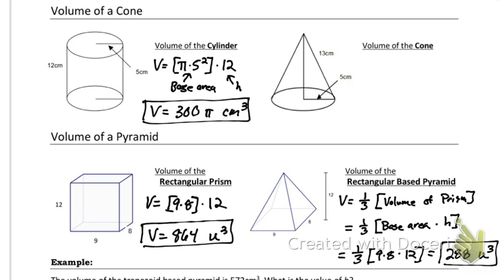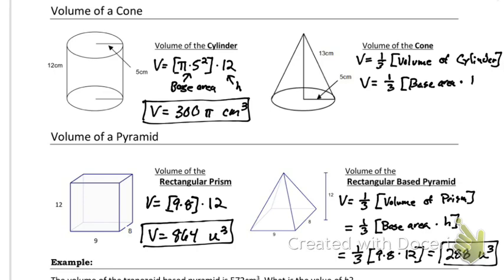So once again, it's just 1/3 the volume that we can calculate by base area times height. Once again, this is the exact same formula as down below, that it is your base area times your height.